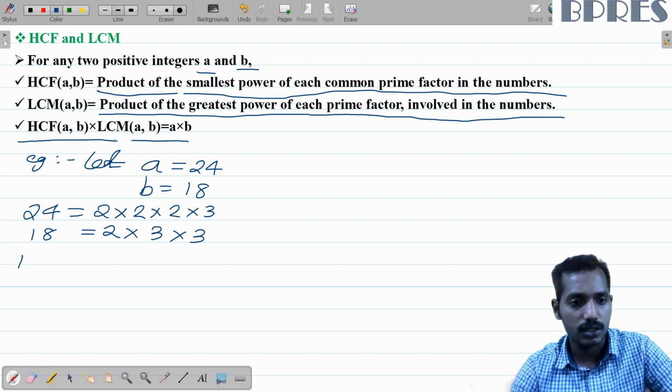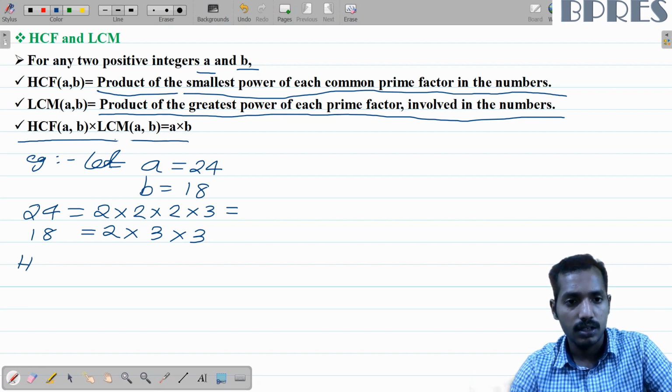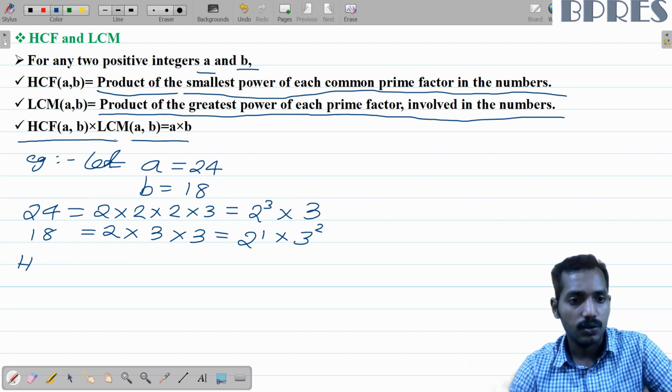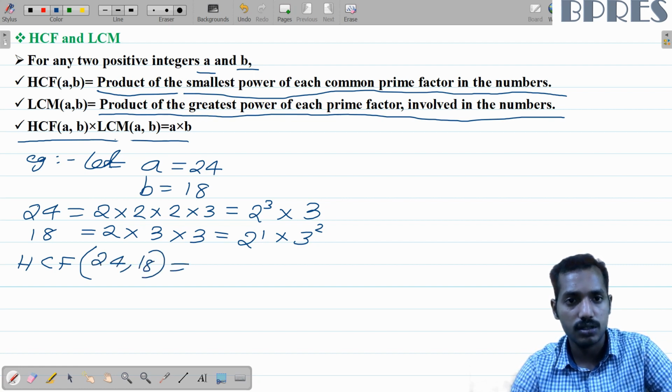Now, in exponent form, here 2 is multiplied 3 times, that is 2 cube into 3. Similarly, here 2 appears once, so 2 raised to 1 into 3 multiplied twice, that means 3 square. So the HCF of the two numbers 24 and 18 is, according to the definition, the product of the smallest power of each common prime factor.